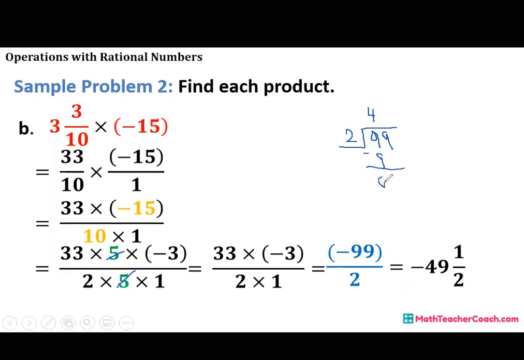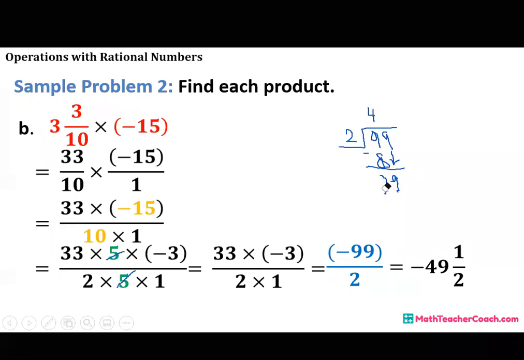Then this one will be equal to 1, and then drop down 9, so it's 19 divided by 2.